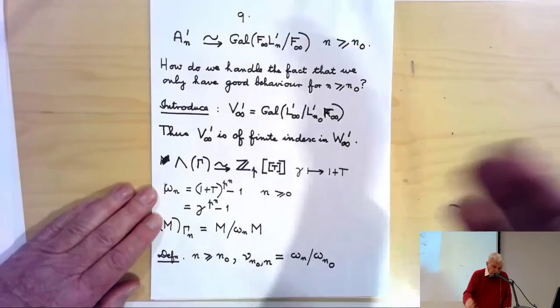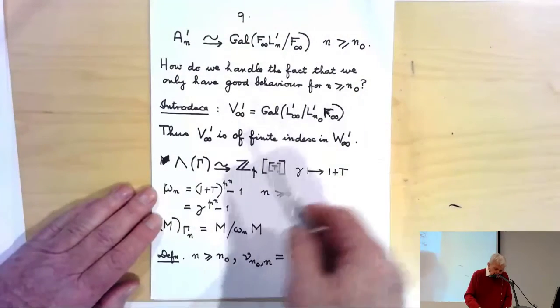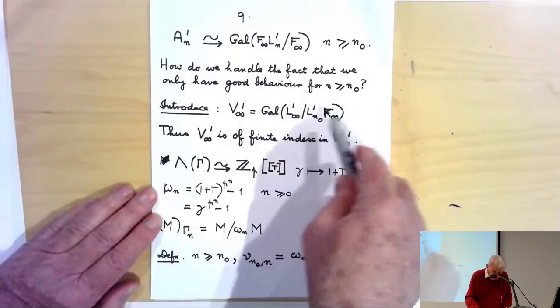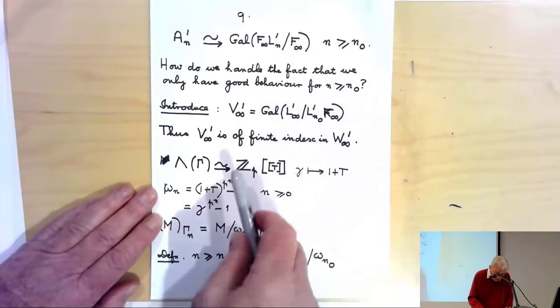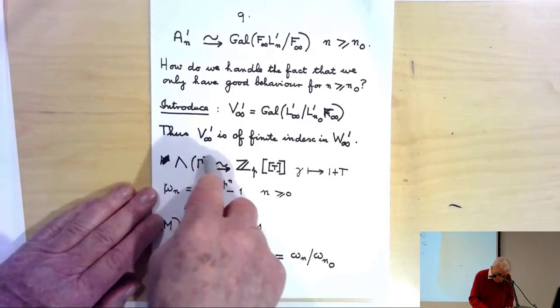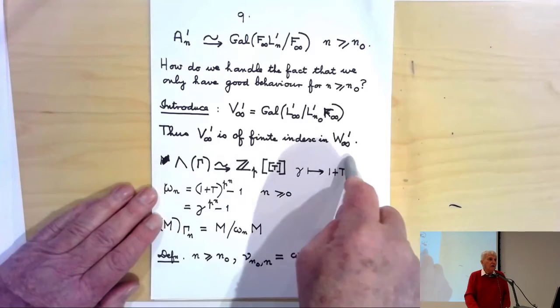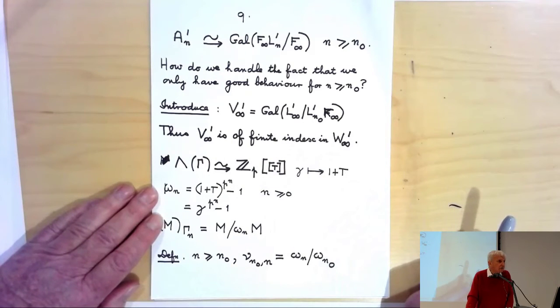So remember, L_n naught prime over F infinity is a finite extension, so this is just a submodule of finite index in the whole Galois group that we're interested in. It's a submodule of finite index in W infinity prime.